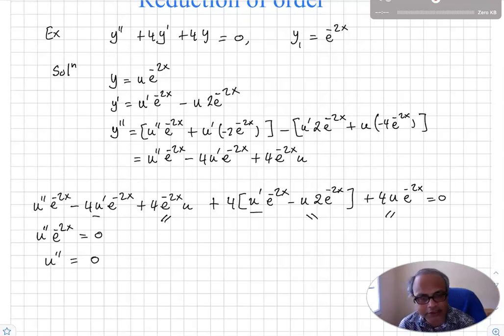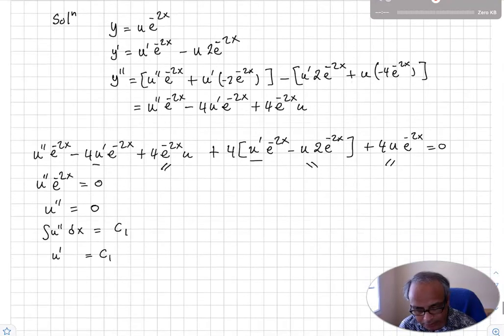equals 0. So this is just an integration, so you integrate u double prime with respect to x, so you get a constant c1, so u prime equals c1. Okay, since u prime equals c1, you integrate again to get u, and on the right hand side c1x plus a second constant of integration.